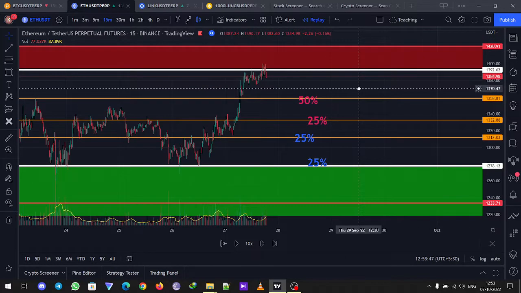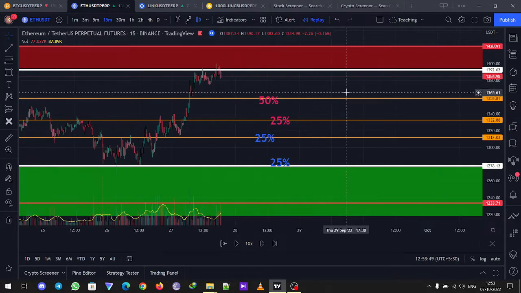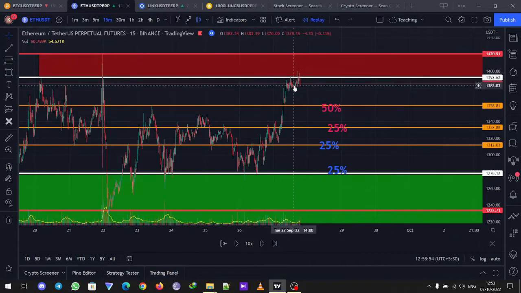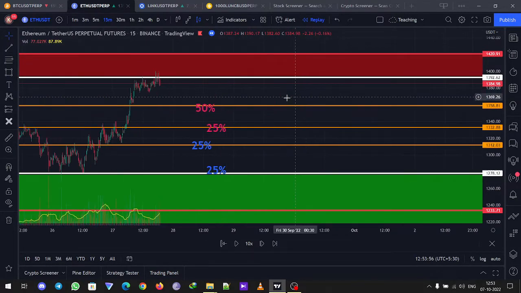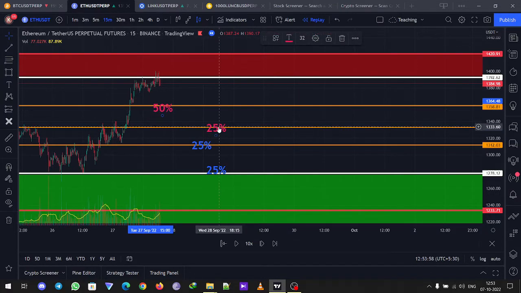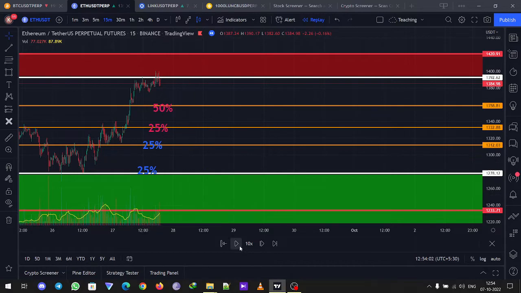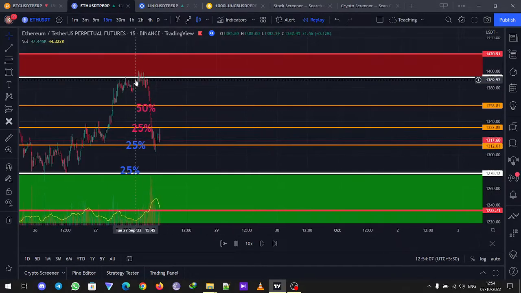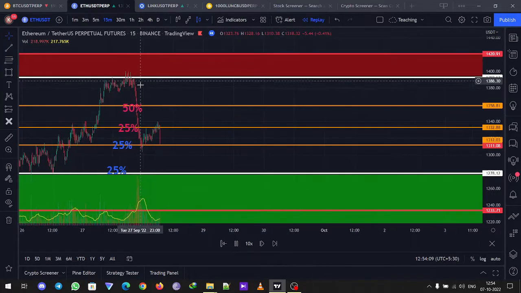But let's just see the market first, whether the levels get hit or not. Wow, that's quite fast.